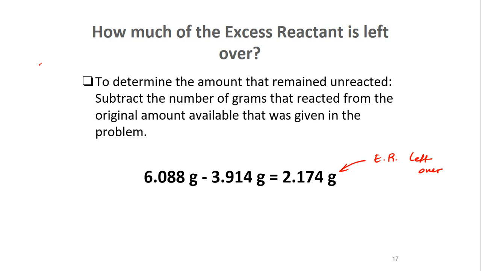Okay, this is step 3, the subtraction. So this is original total excess reactant minus used excess reactant gives us leftover excess reactant. Okay, so 3 steps to figure out the amount of excess reactant that's left over.